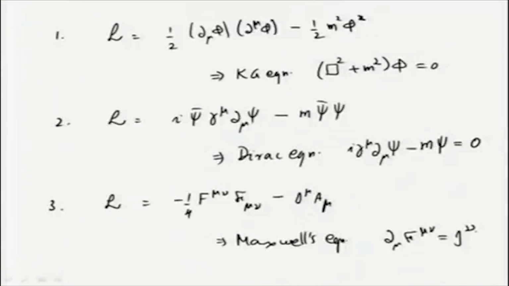Okay, so we have somewhat familiarized ourselves with the Lagrangian and equations, and we understand how we can write down the Lagrangian corresponding to the Dirac equation, Klein-Gordon equation, and Maxwell's equation, which are the three familiar equations that we had discussed earlier.